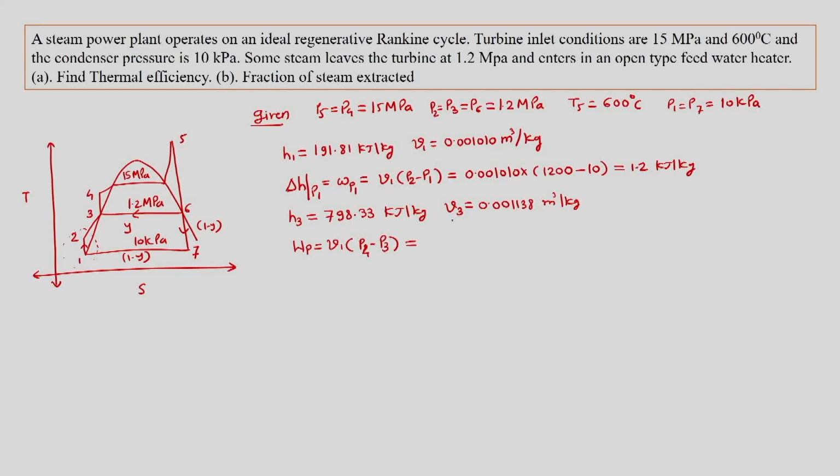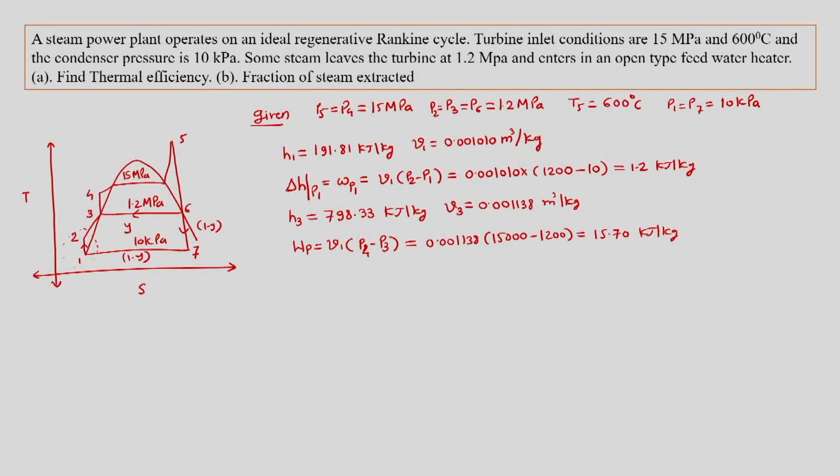The specific volume is known, 0.001138, and it is 15,000 kPa minus 1,200 kPa, and this gives us 15.70 kilojoule per kg as the second pump work.